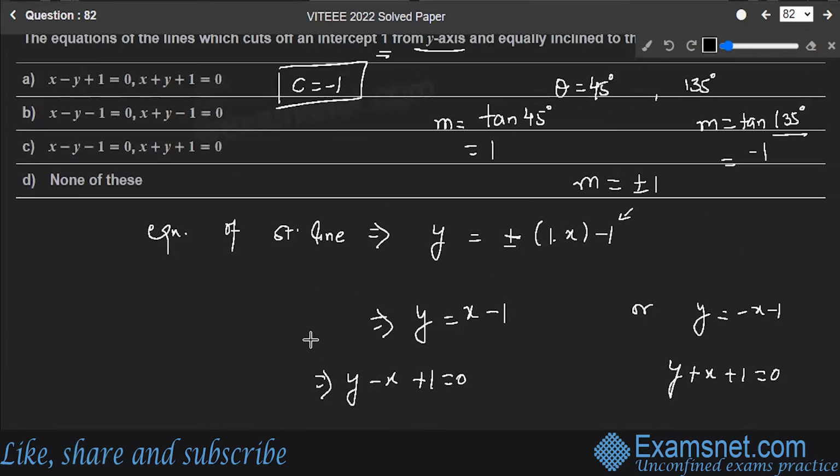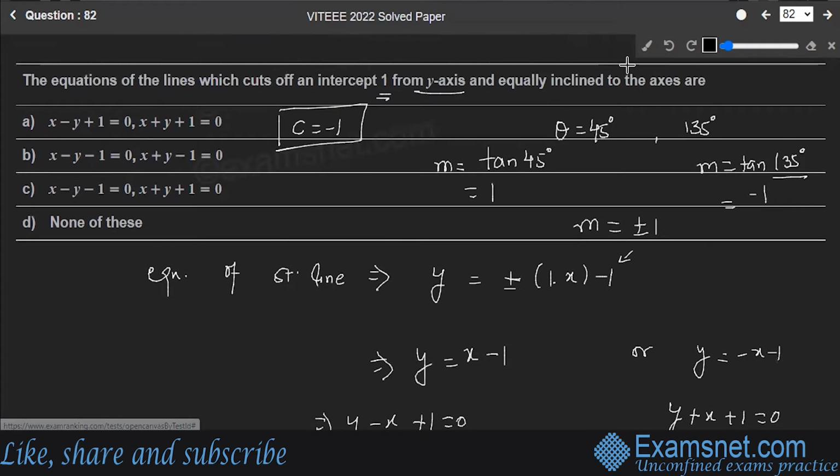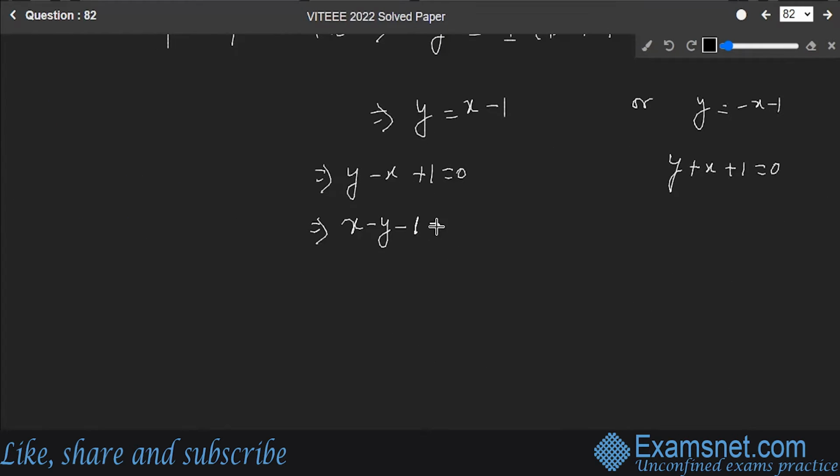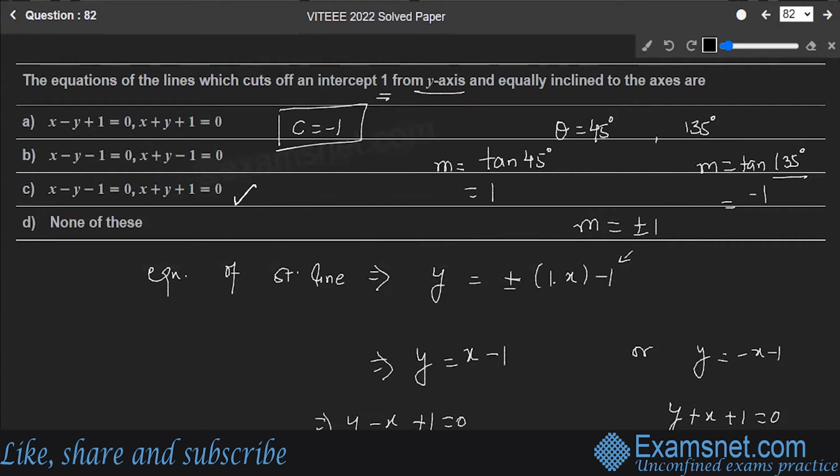These are the two possible equations. That makes option C the correct answer.